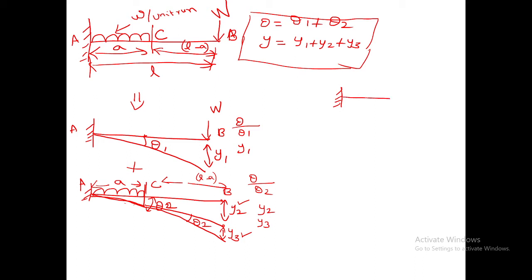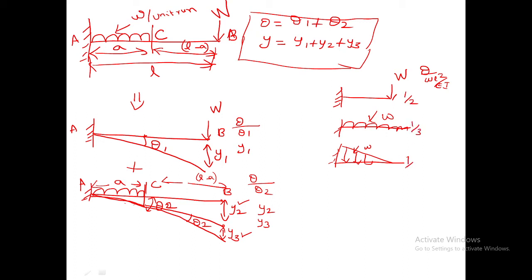This is the cantilever beam with uniformly distributed load, and uniformly varying load is small w, capital W. For slope, theta is W L square divided by EI, multiplied by a constant: 1 by 2, 1 by 3, 1 by 4.